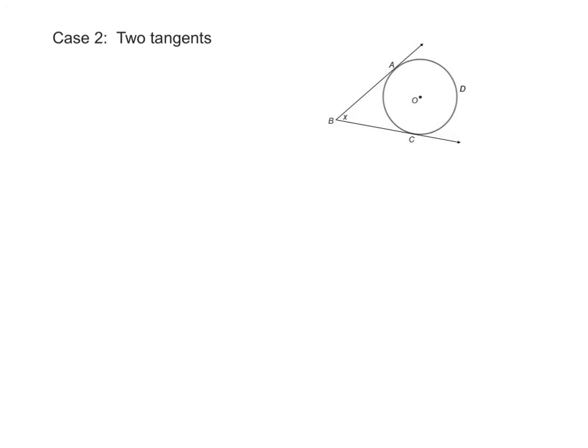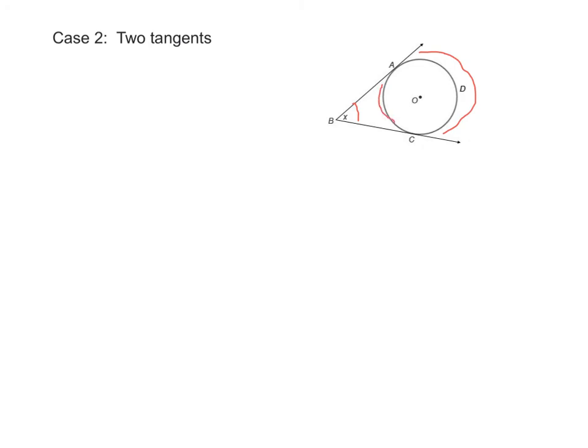So the next case, case 2, is when we have two tangents. So as you can see in the picture, we have two tangents. One of them is AB, the other is CB. And what this theorem is stating is that the measure of this angle out here, specifically angle X, is equal to 1/2 the difference of arc ADC minus the measure of arc AC.